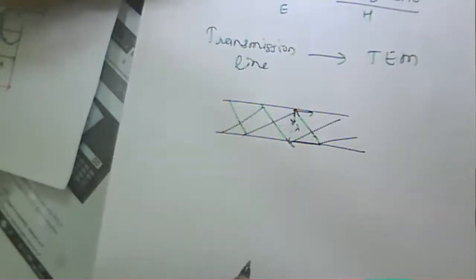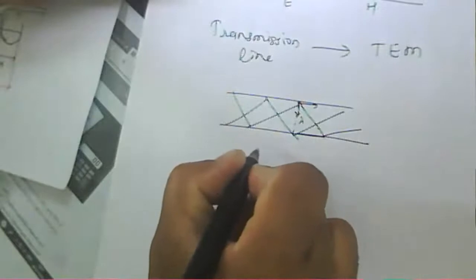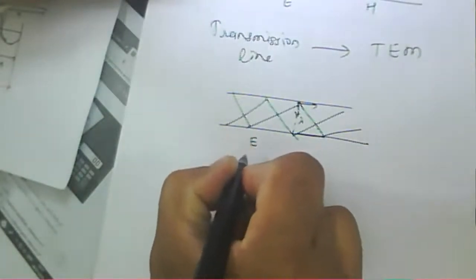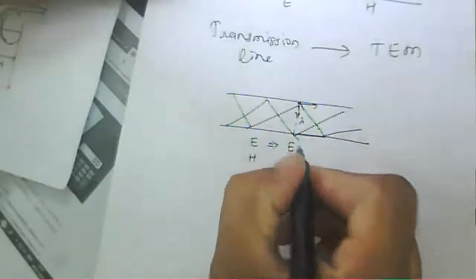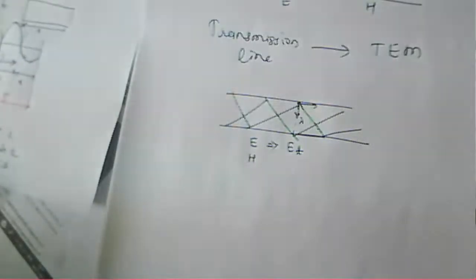Now, if an electromagnetic wave is there, it has E and H components, and these can be tangential components. So a wave propagating through the guide has a tangential component.